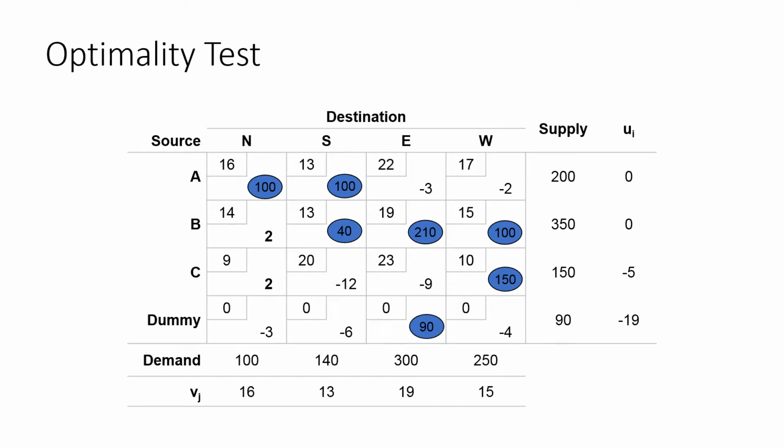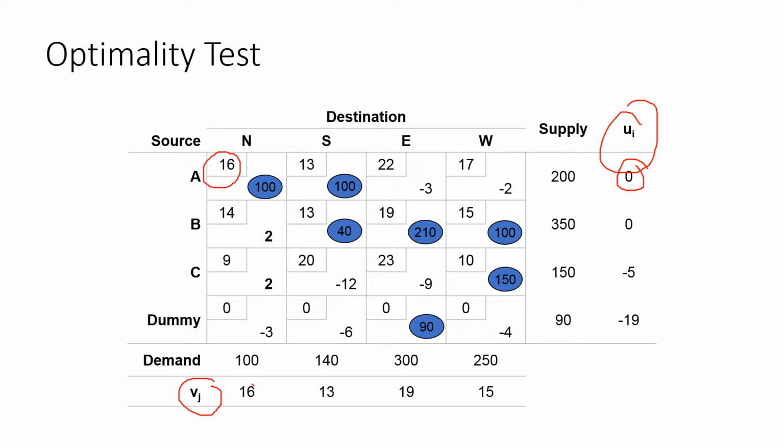The new ui's and vj's are found here, similar to what we said before, starting with u1 equal to 0. I will find all the other ui's and vj's by going to all the basic cells. For every basic cell, ui plus vj equals cij. For example, u1 0 plus something is 16.